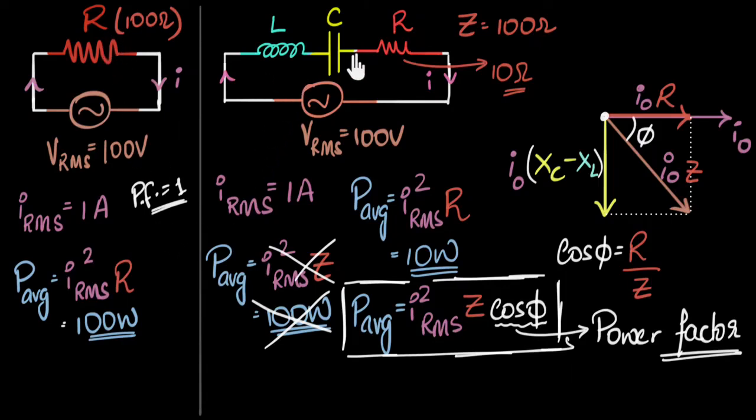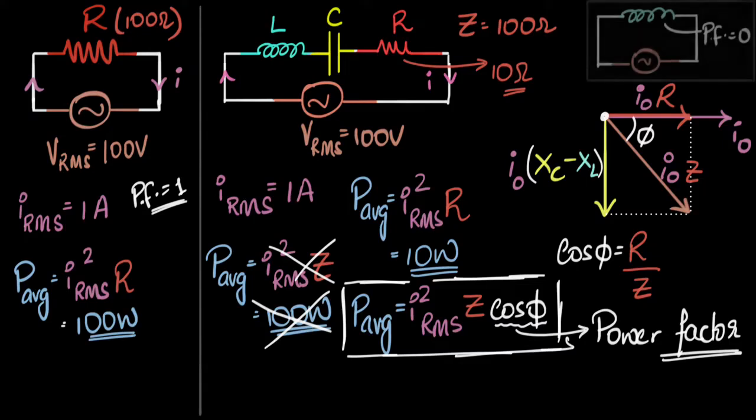Okay, what about circuits that only have inductors or capacitors, no resistors at all? What would be the power factor there? Well, then R is 0, power factor becomes 0. And that kind of makes sense because we just said that inductors or capacitors on an average do not consume any power. So here the entire impedance is not consuming any power.